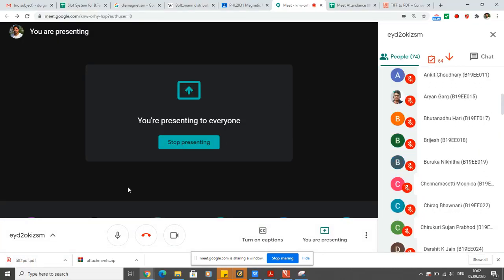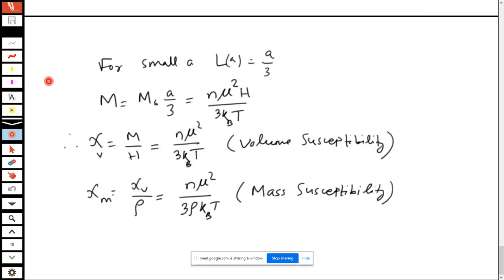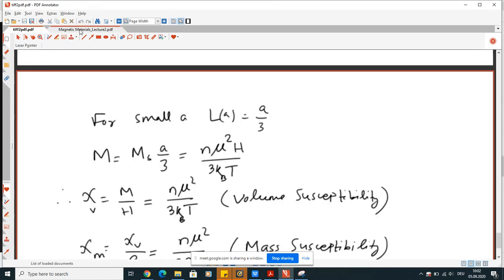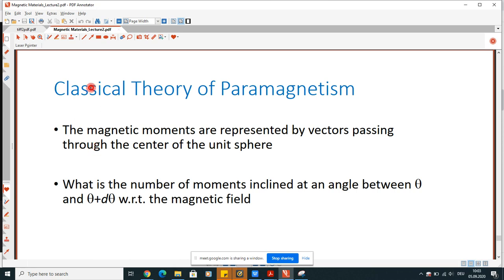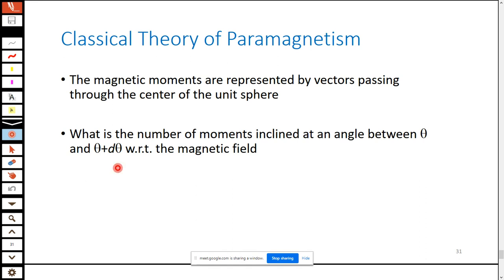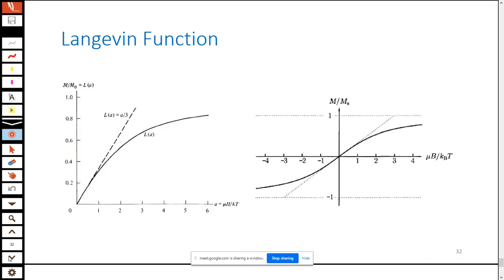Let me go back to this slide. So when you plot that Langevin function, M by M0, which is proportional to 1 by T, as a function of a, which is mu H by kBT, for small a it is almost like a straight line.